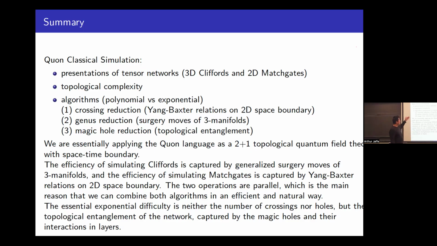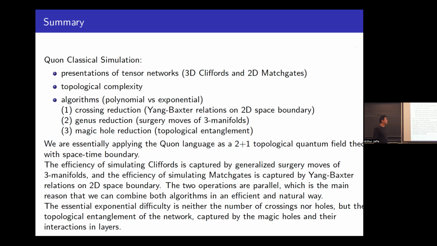And we define several things. We try to do classical simulation as best as we can. So we need to do crossing reduction by the Yang-Baxter relation, but it's local reduction, and also genus reduction by the surgeries for Clifford holes, and then some additional magic reduction by those kinds of free moves for magic layers.